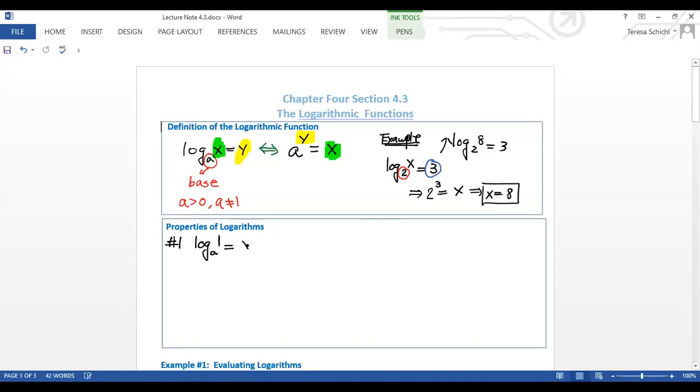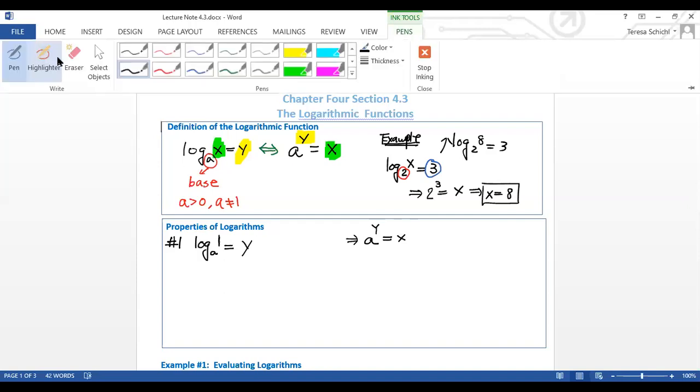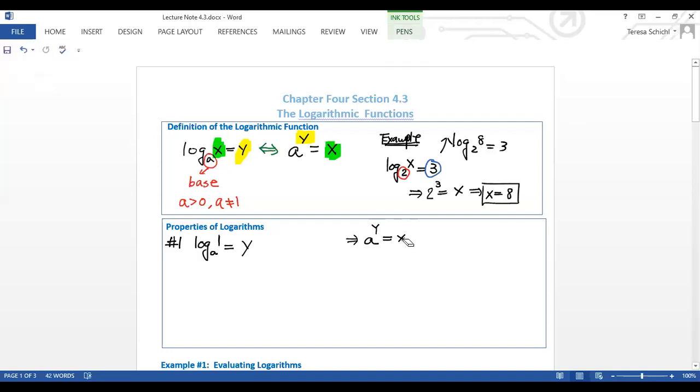Let me say this is my y value. Based on the relation to the exponential function, a to the y's power equals x, and here x equals 1.